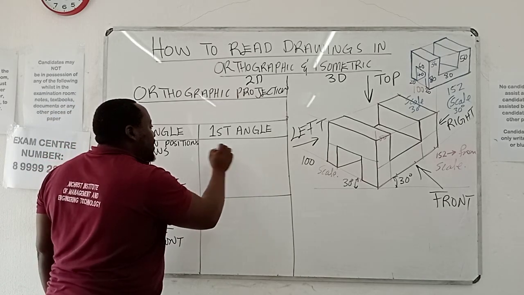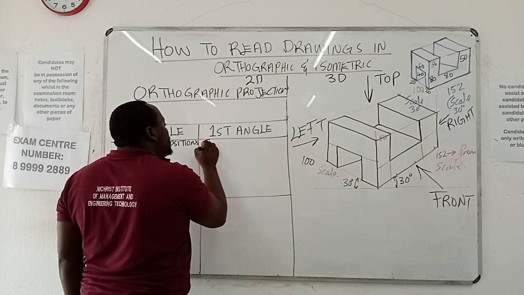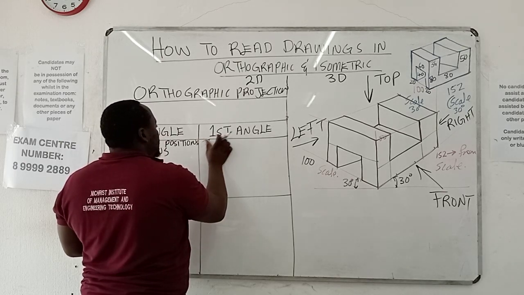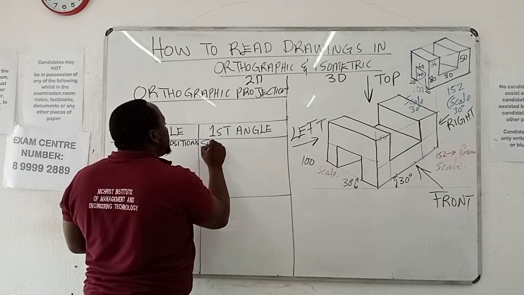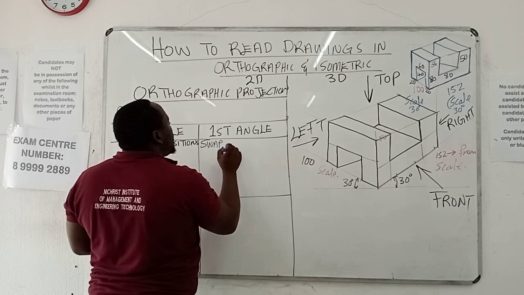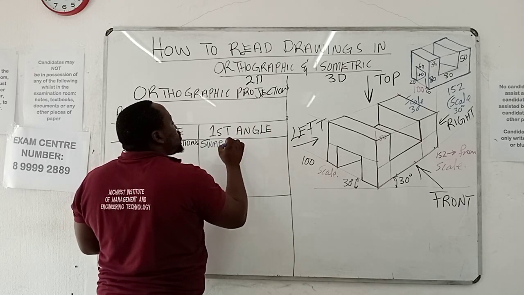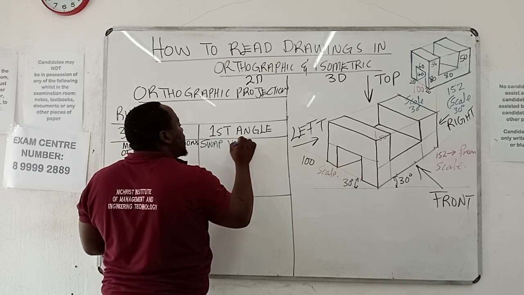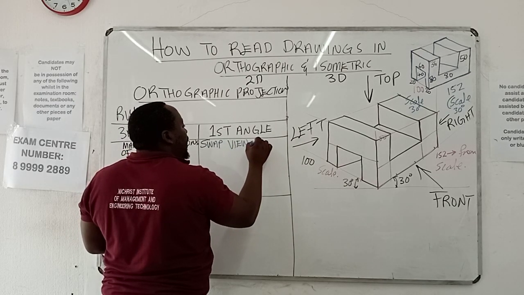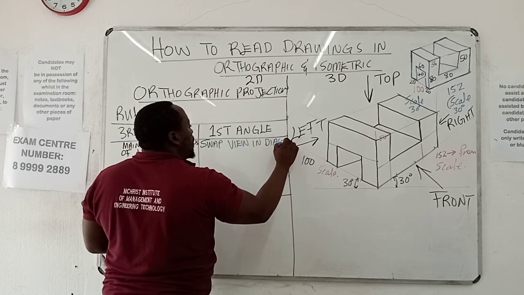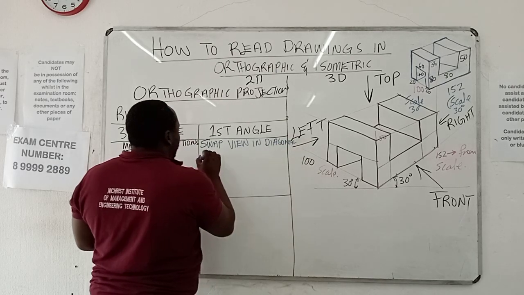Now we come here. We say swap. Let me use a different color. Swap. You check the spelling if you have made a mistake. Swap views in diagonal direction.